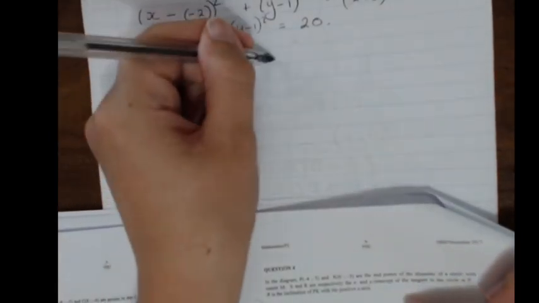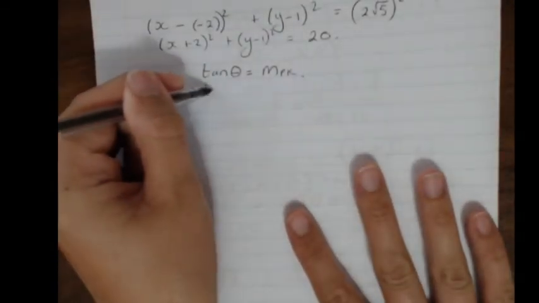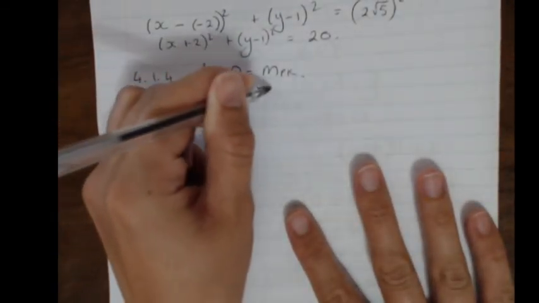4.1.4. Tan theta is equal to the gradient of PK, which I already calculated earlier. I don't need to do that again. The gradient of PK is -2. Alright, so tan theta is equal to -2.